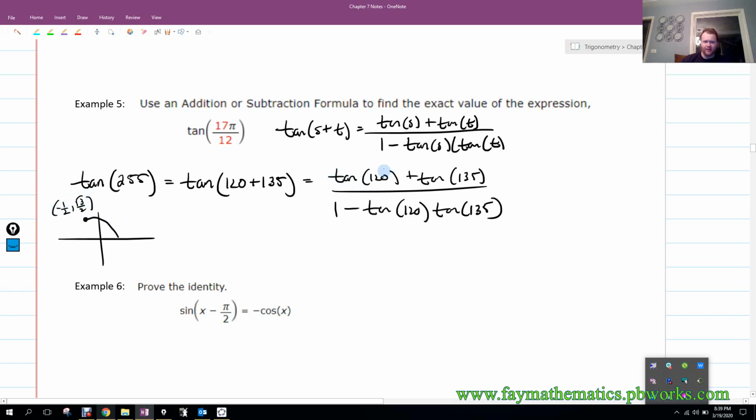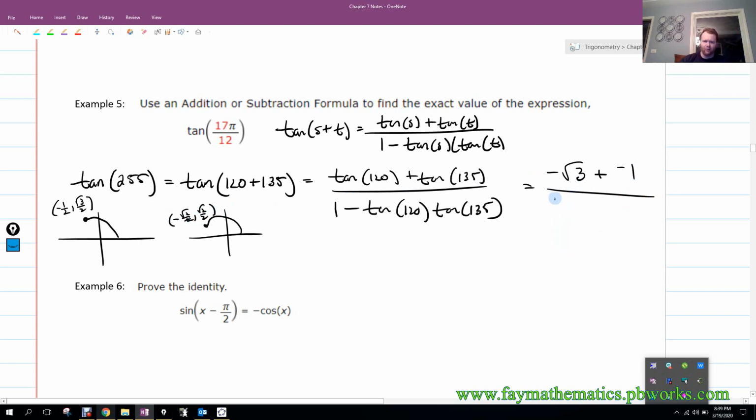Plus then tangent of 135: if you remember 135, that's negative root 2 over 2, comma, root 2 over 2. So the tangent of 135 is negative 1.